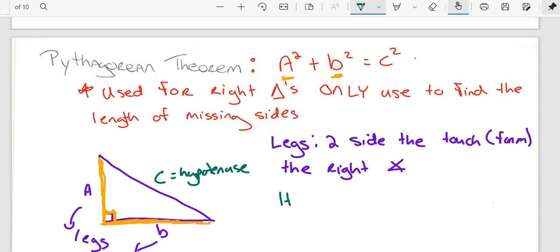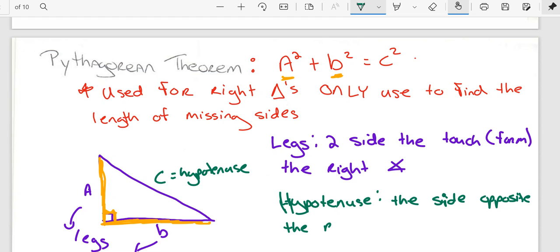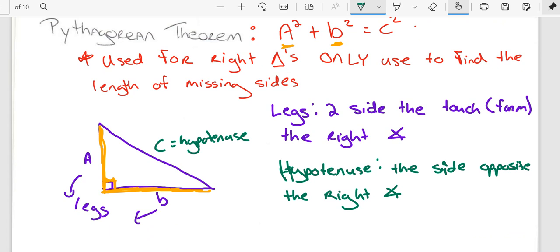Our hypotenuse is defined as the side in a right triangle that's opposite the right angle. The side opposite the right angle is our hypotenuse. So this is our C. So it's very important that the C is always isolated. It should be by itself.